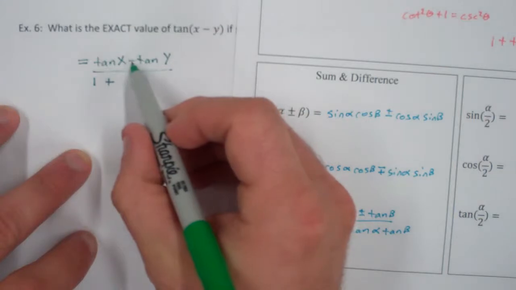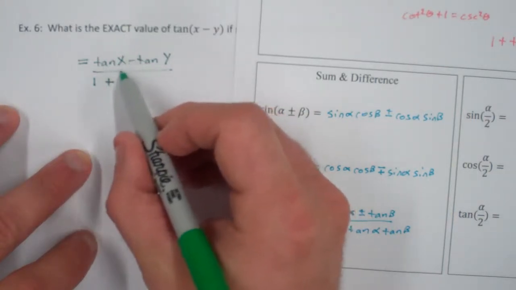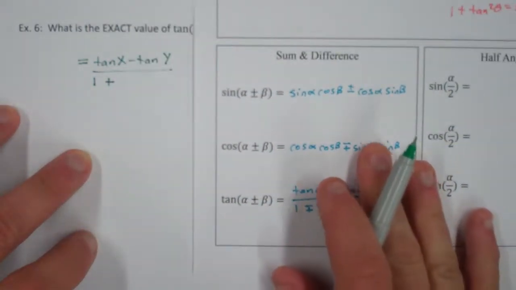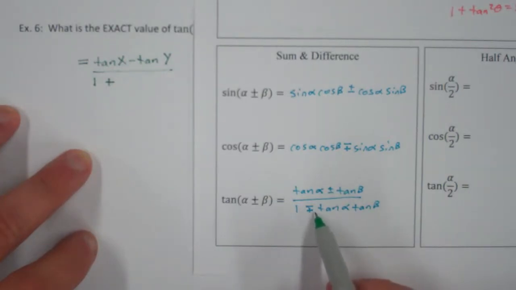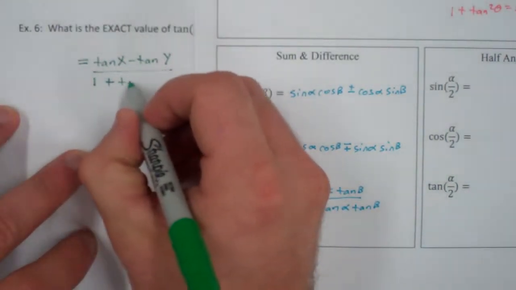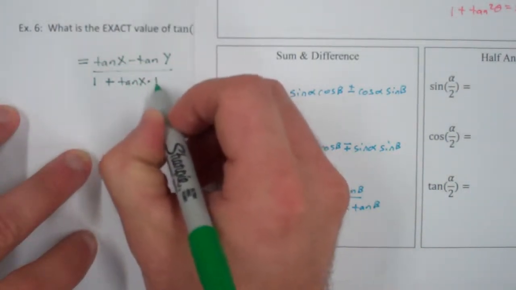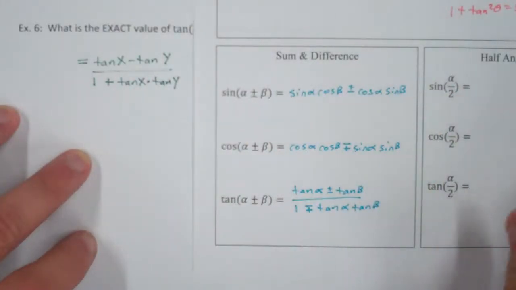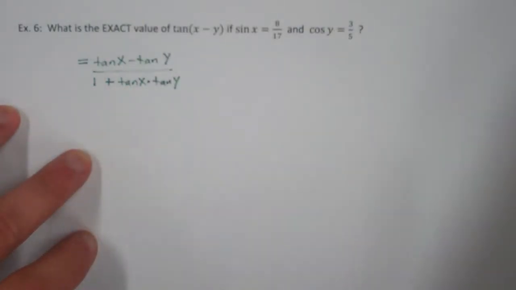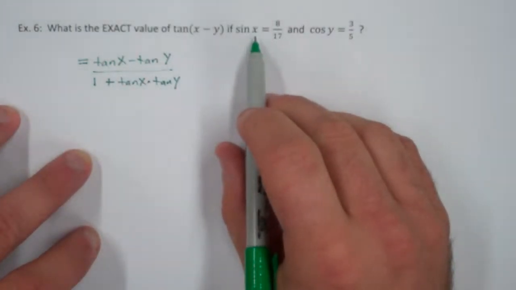And the tangent, when you're using this sum or difference formula, these two will always be different. And we need to put the tangent of the first angle, so that's tangent of x, times the tangent of y.